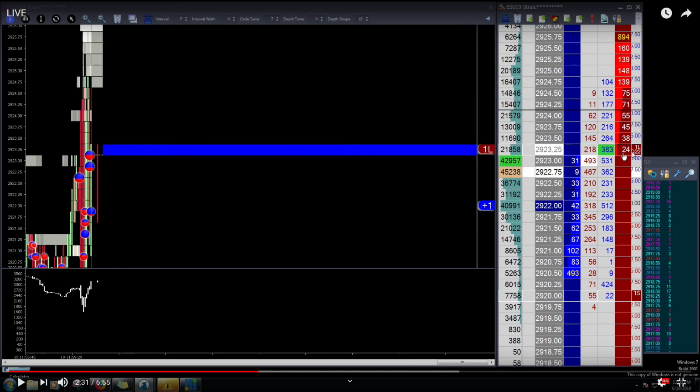So I placed my target to get out right here because there could be a possibility that the price stalls right here, because again, there's low volume nodes here at 29, 23, 50, and 75, and then we have a high volume node here at 29, 24. And also, the longer time goes after the news release, the more the market starts to wind down.